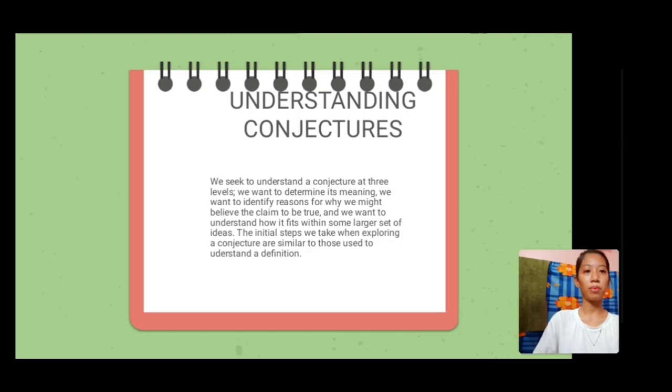The initial steps we take when exploring a conjecture are similar to those used to understand a definition. So we know that a conjecture is an opinion or conclusion formed on the basis of incomplete information.